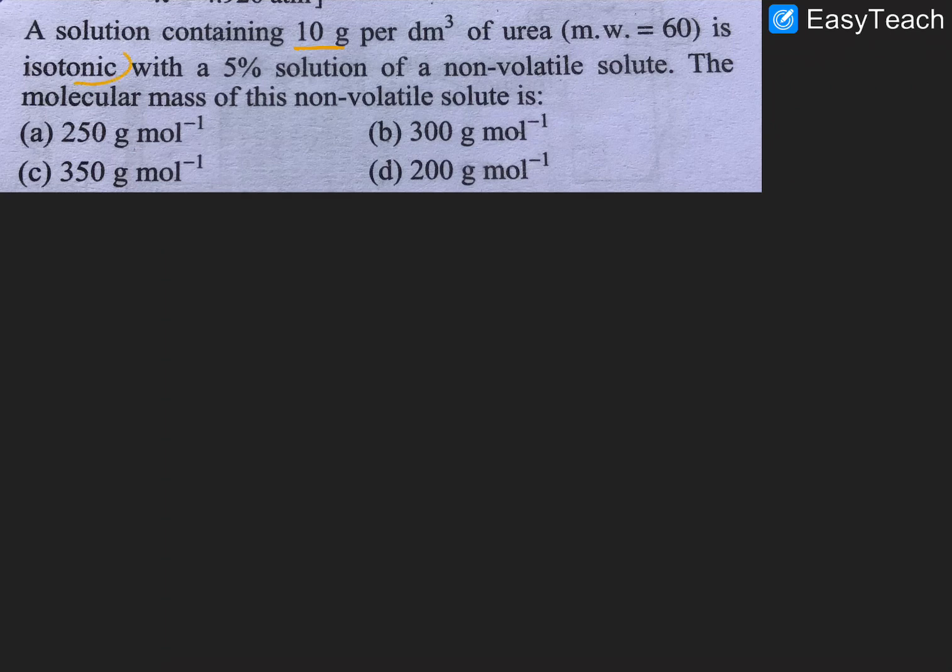Isotonic solution means two solutions are there: one is the 10 grams of urea, and another one is the 5% non-volatile solute. These two are isotonic, which means the osmotic pressure of the first solution is equal to the osmotic pressure of the second.